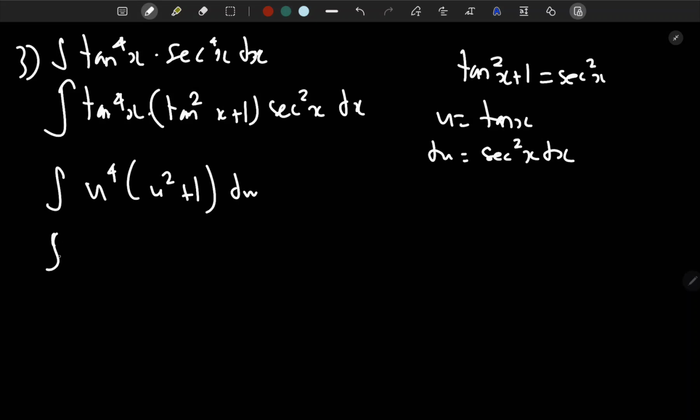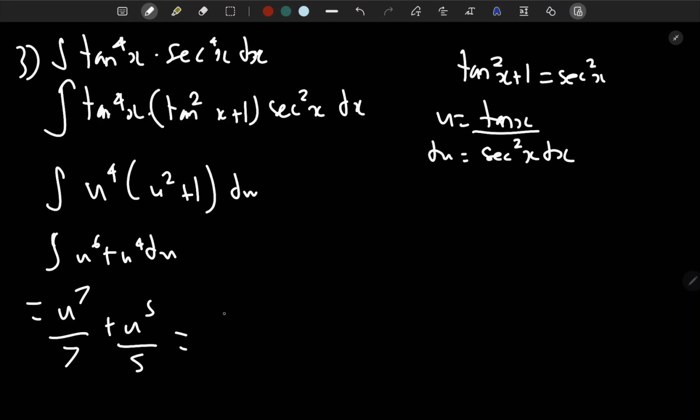It's going to become u to the power of 6 plus u to the power of 4 du. So now it's going to become u to the 7 over 7 plus u to the 5 over 5, and now replace u with what we chose, which was tan x: tan to the 7 x over 7 plus tan to the 5 x over 5 plus c.